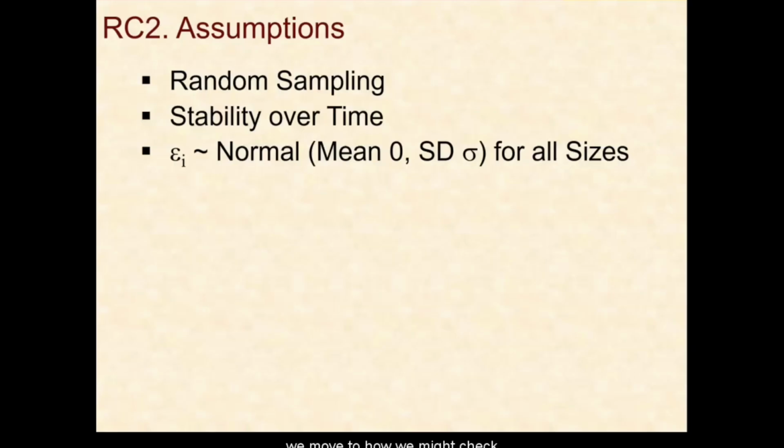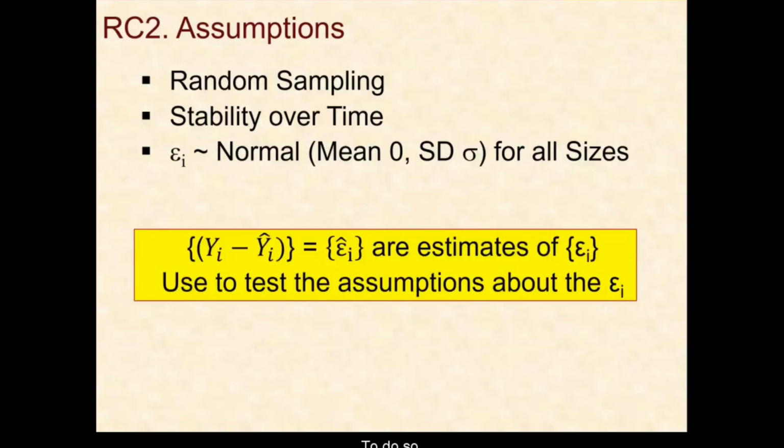Having these assumptions about the epsilon, we move to how we might check whether they hold or not. Unlike the first two assumptions, we can check the assumptions about the epsilon using our sample data. To do so, we will use the observed residuals that we calculate from our sample, namely the epsilon hat values.